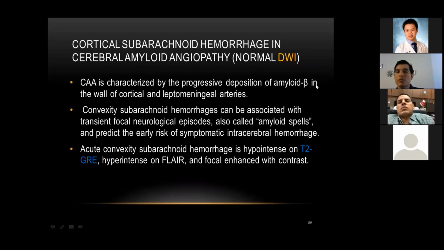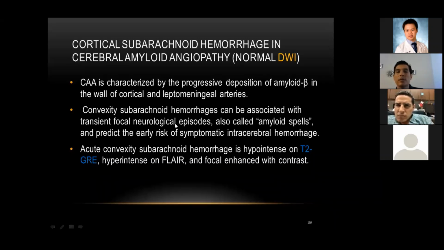With the deposition of amyloid beta in the wall, the cortical and leptomeningeal arteries will suffer damage, and that damage could appear as convexity subarachnoid hemorrhage, and can be associated with transient focal neurologic episodes, and could mimic a stroke. These amyloid spells could predict an early risk of symptomatic intracerebral hemorrhage.